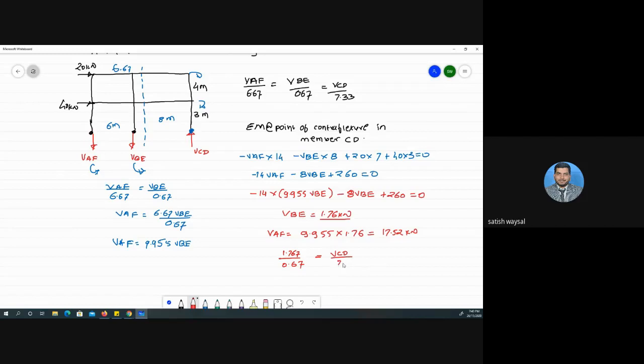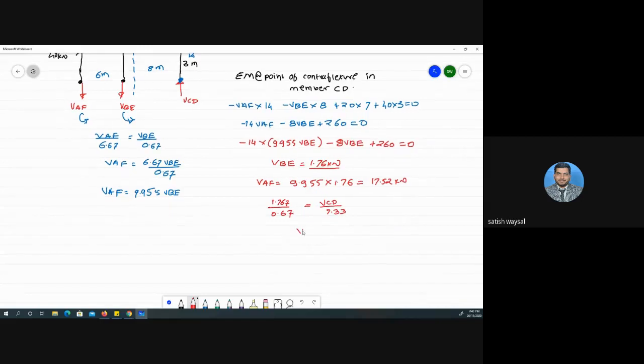So another shortcut you can use is 7.33. So we'll get VCD 19.33. Very good. All answers are correct answers. So this is the difference between the portal frame method and cantilever method.